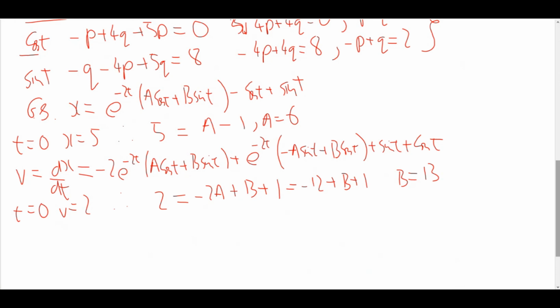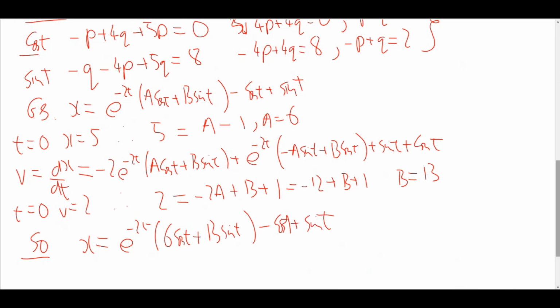So consequently, the answer to part B is x is equal to e to the minus 2t brackets 6 cos t plus 13 sine t, add the particular integral, which is minus cos t plus sine t, and we are done.